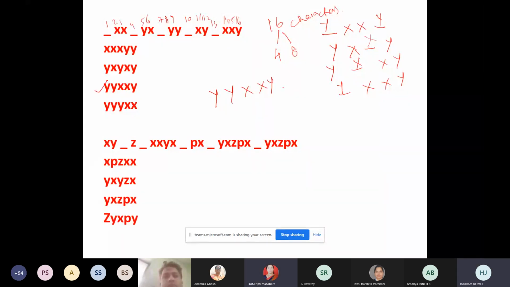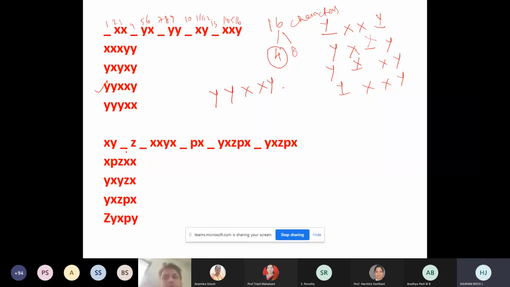So our guess is correct, because here they are framing the pattern for 4 letters. Okay. Then the next one: xy hyphen z hyphen xxyx hyphen px hyphen yxz px hyphen yxz px.